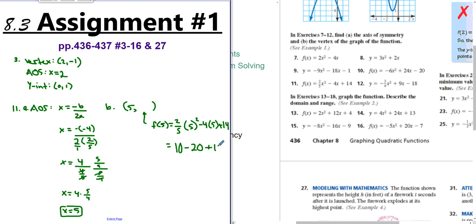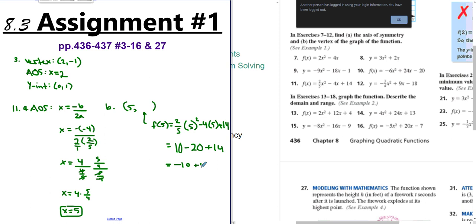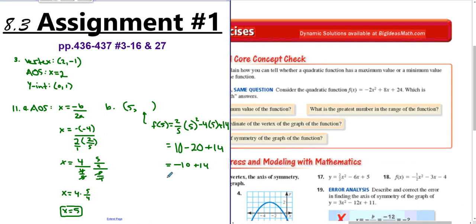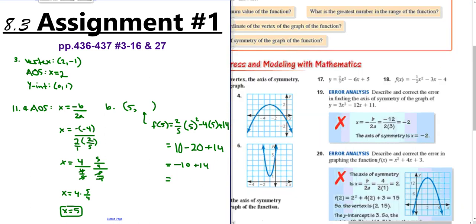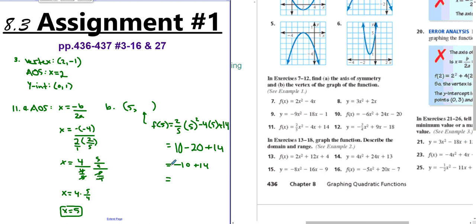Plus 14. 10 minus 20 is negative 10, plus 14. So I end up getting a 4. f of 5 is 4, so (5, 4) is my vertex. You just plug in the axis of symmetry value for x and you solve for y. All right, so that was number 11.